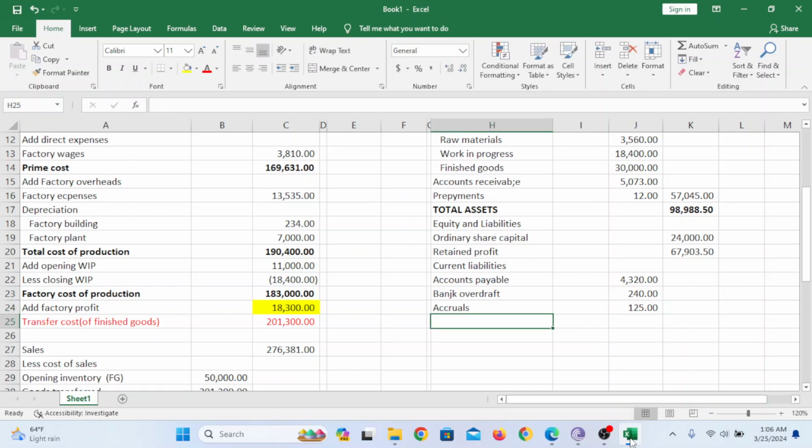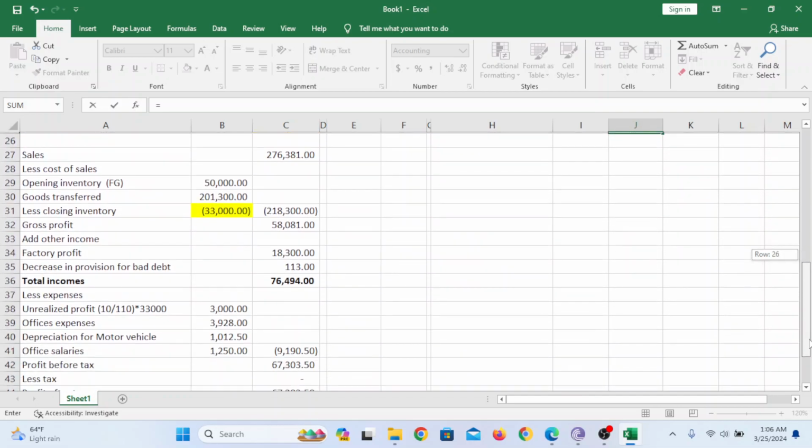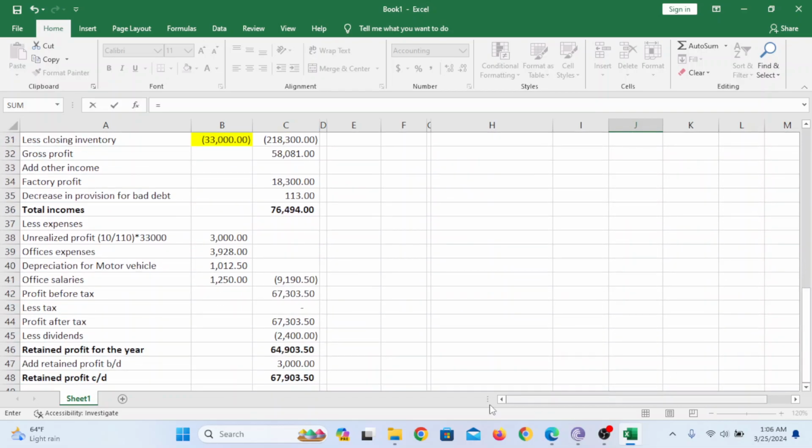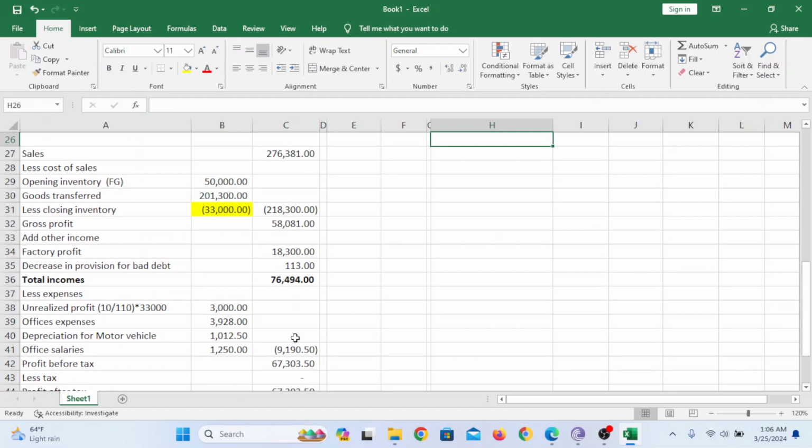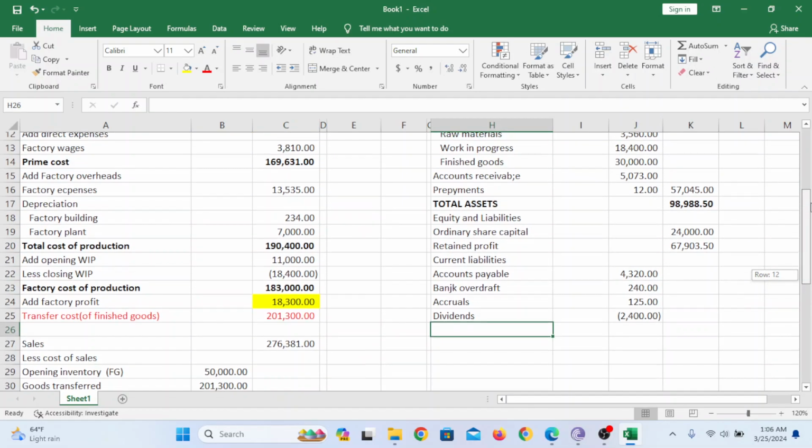Then we have now the ordinary dividends. Because they have not been paid, it is proposed dividends. So we pick also from our statement. It was on the income statement. Dividends, this is 24. But I need to make it a positive here.